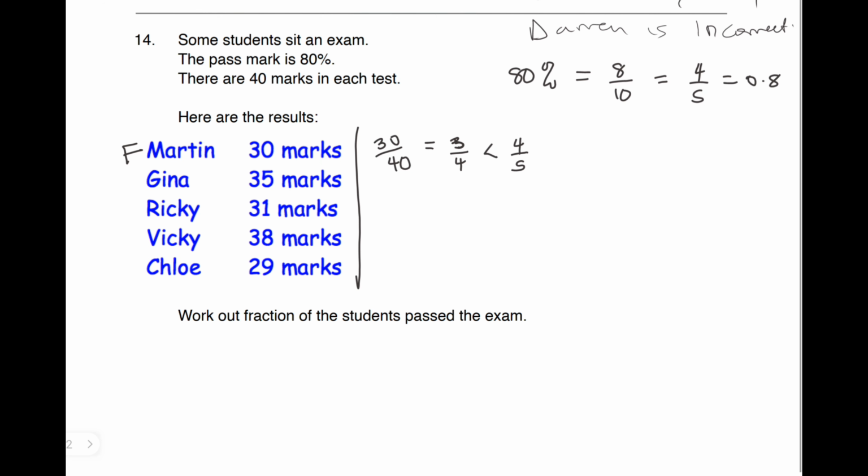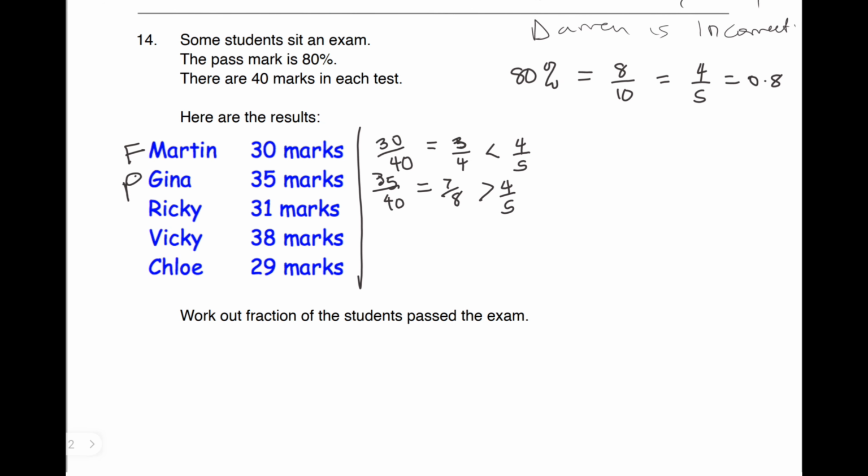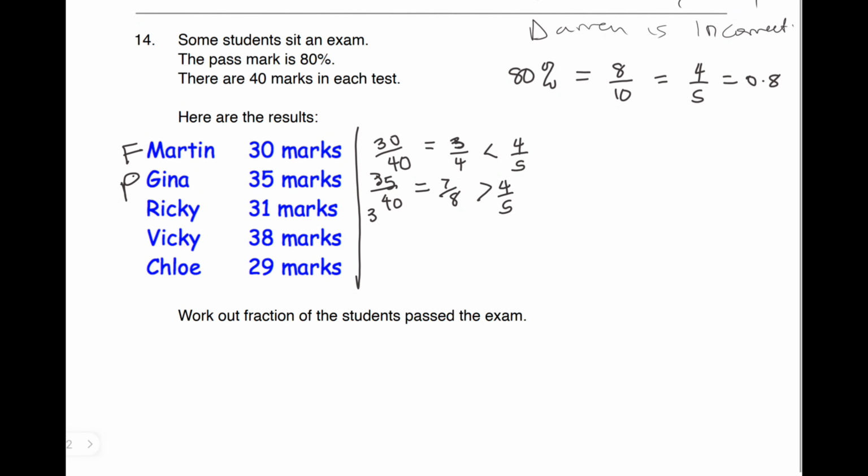Gina scored 35 marks. So 35 over 40, it can be simplified to 7 out of 8, which is greater than 4/5. So that means Gina passed. Ricky scored 31 marks. So 31 over 40 is the same thing as 3.1 over 4. Now 3.1 over 4 compared to 4/5.